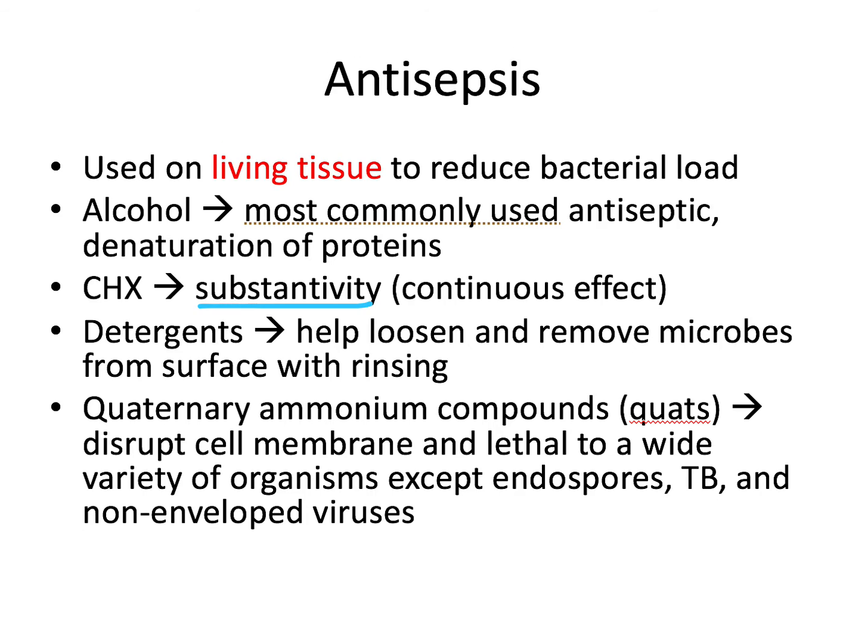These are probably the most potent on the list. They disrupt cell membranes, and they're lethal to a wide variety of organisms, except, unfortunately, endospores, TB, and non-enveloped viruses. Endospores being taken care of by sterilization, TB taken care of by disinfection. So antisepsis, again, is the low-tier form of cleaning.